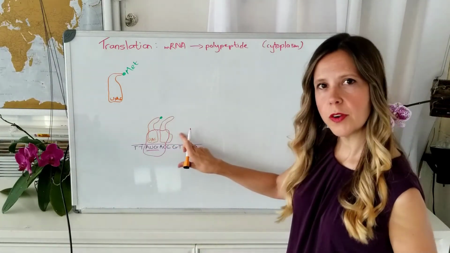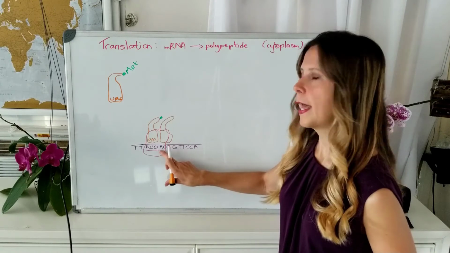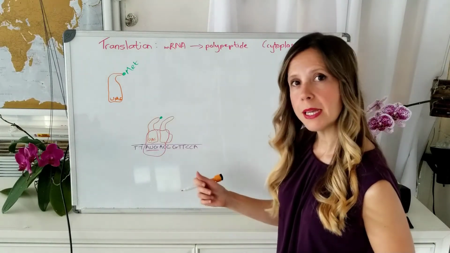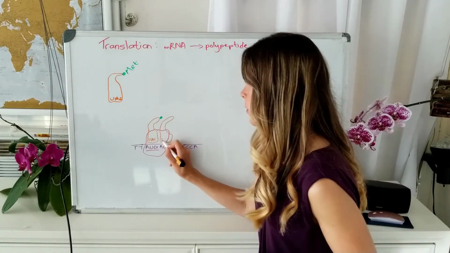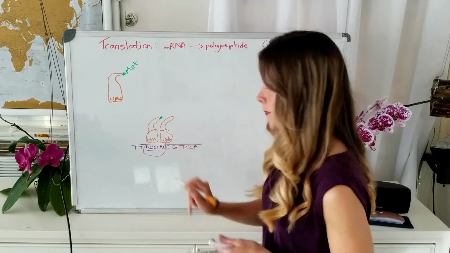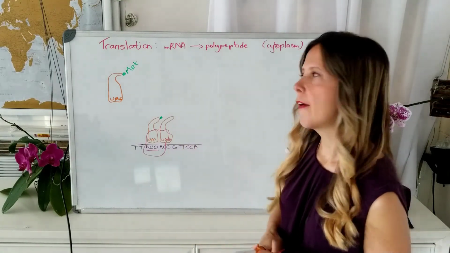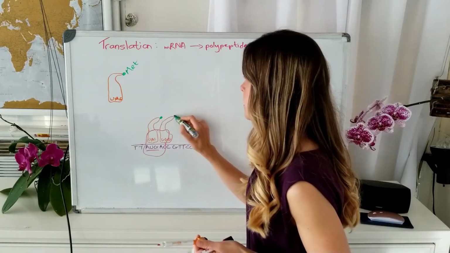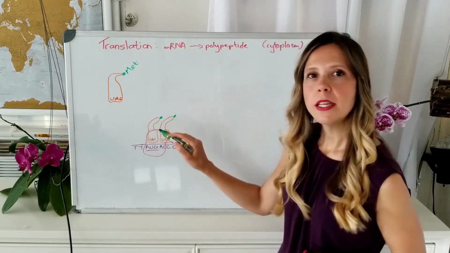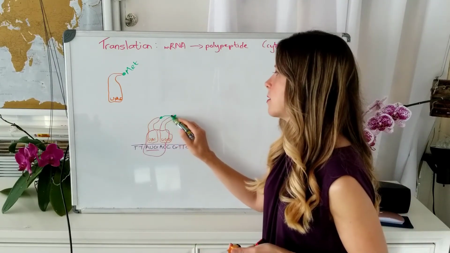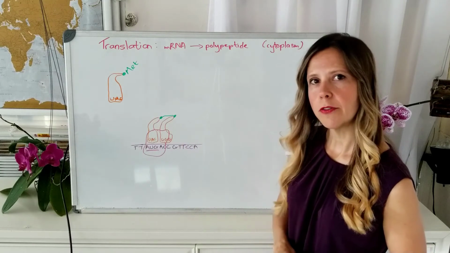So if this transfer RNA is recognizing the codon ACC, that means it must have the anticodon UGG. It'll be carrying a specific amino acid. These 2 amino acids will then be linked to one another using a covalent bond.